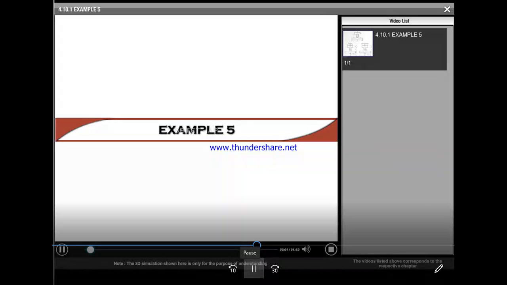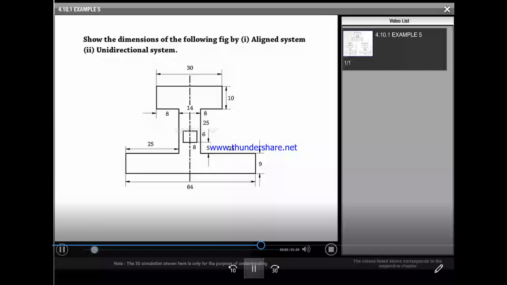Example problem 5. In this, a view with wrongly represented dimensions is available. The task is to redraw the view with proper dimensioning norm as per aligned system and unidirectional system separately.